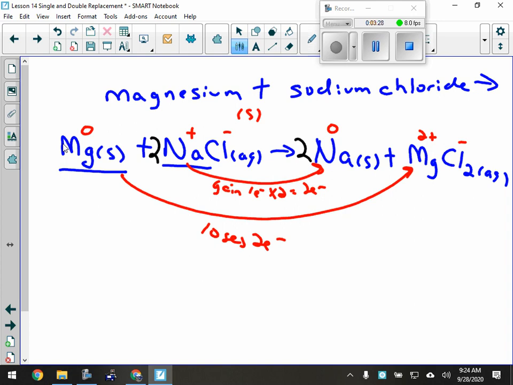This is our single replacement reaction, so the ionic compound should be aqueous. The reason it needs to be aqueous is because when we put sodium chloride into water, what happens to sodium chloride when you put it into water? Yeah, it splits apart the compound, yes? And when it splits apart the compound, now I have sodium ions and chloride ions, okay?